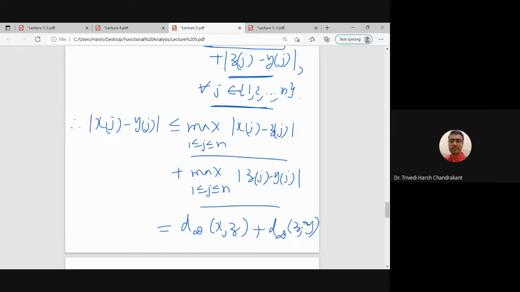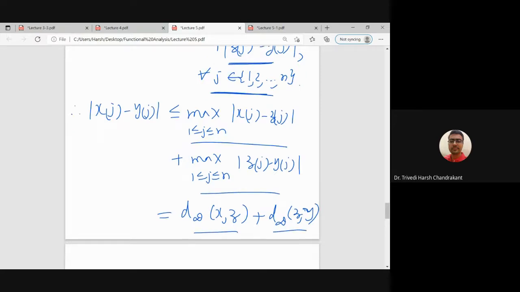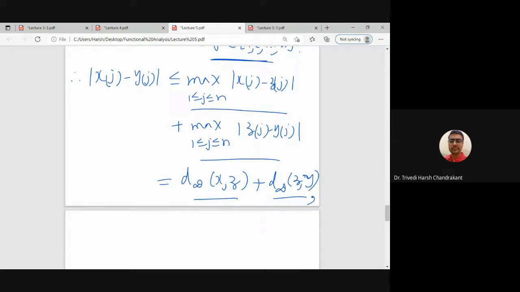Since we have taken the maximum over each coordinate, this number does not depend on the coordinate. So this is true for every j between 1 and n. So this number, which depends on the coordinate, is bounded by a fixed number, which is the sum of these two numbers.